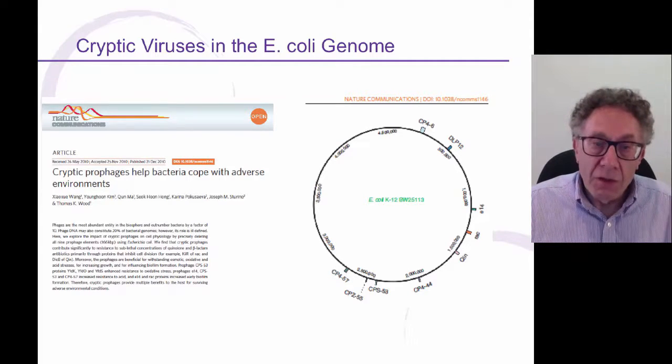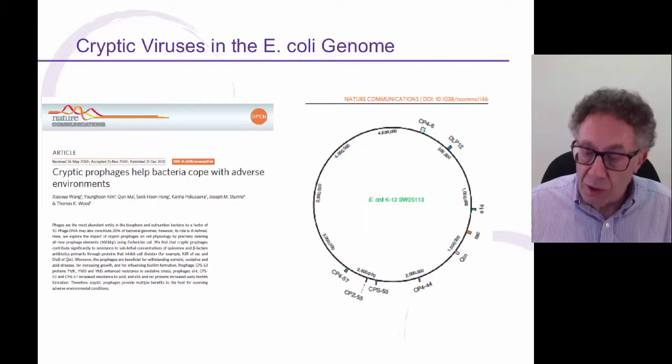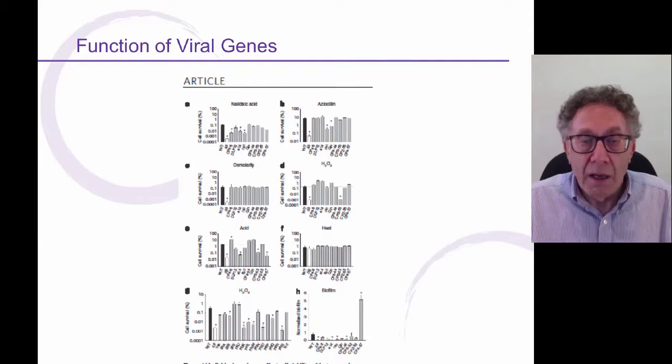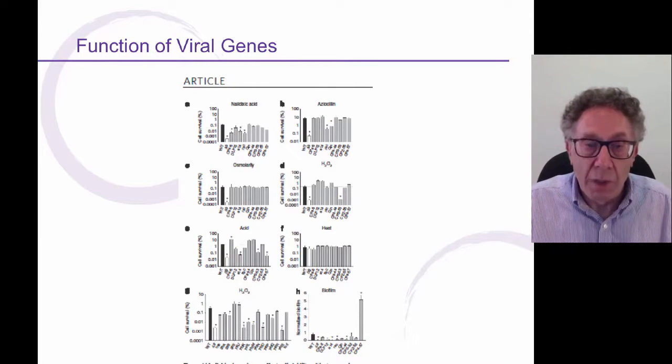And so just like doing a gene knockout, these researchers made precise deletions of each of these viral genes one at a time, compared them to the wild type, and they found, sure enough, that these genes provided a useful function to E. coli bacteria in terms of stress resistance.